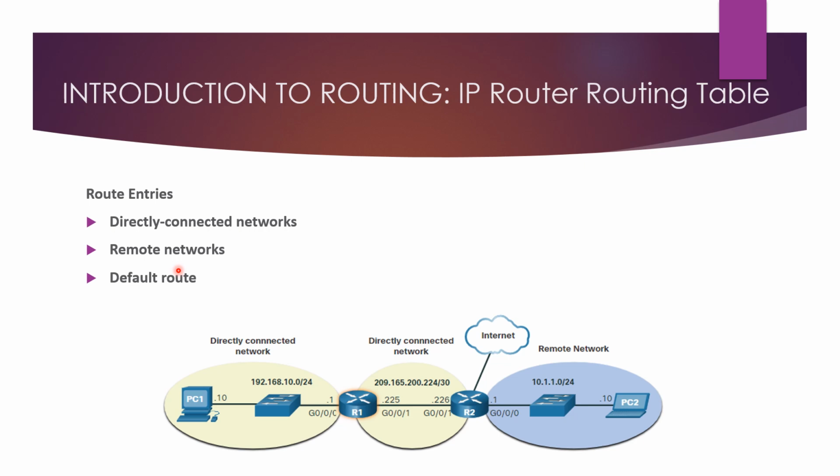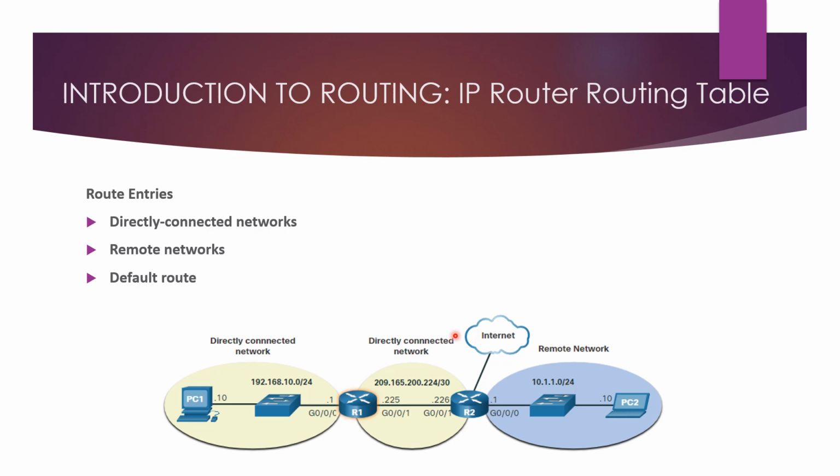We also have remote networks, and these network route entries are connected to other routers. Routers learn about remote networks either by being explicitly configured by an administrator or by exchanging route information using a dynamic routing protocol. If we refer to the figure, the remote network in router 1's routing table would be the network 10.1.1.0/24.